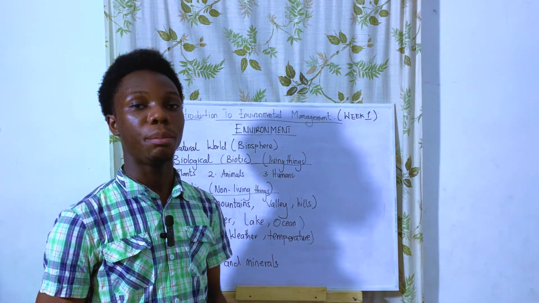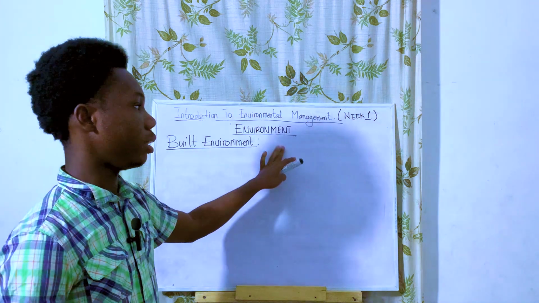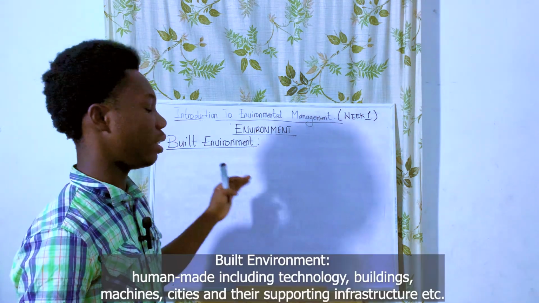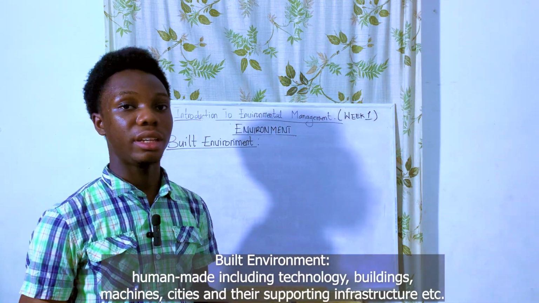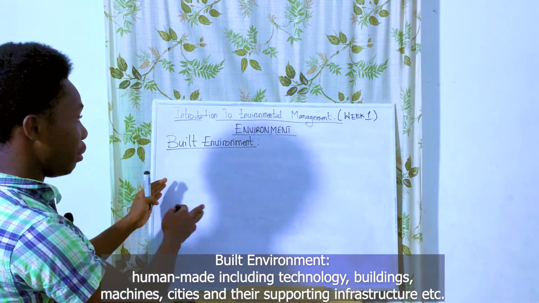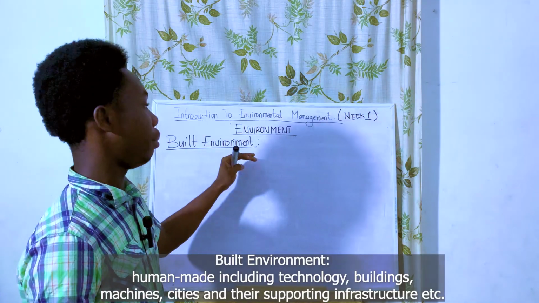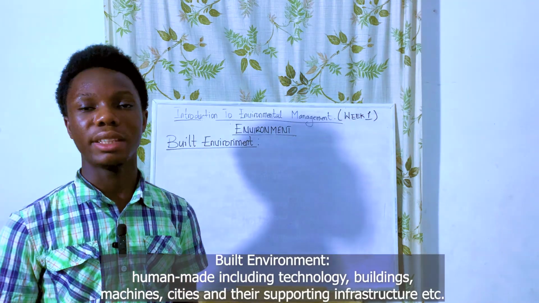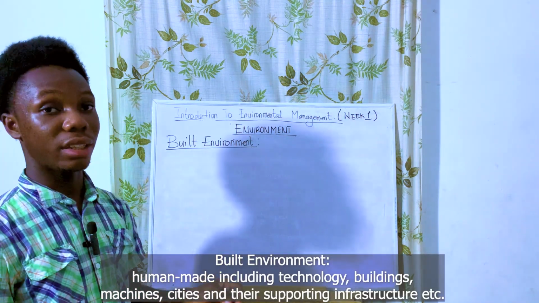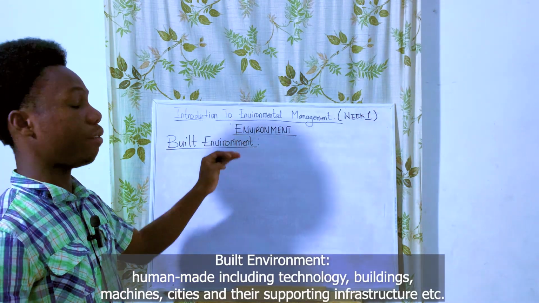Now let's move to the built environment. Built environment, as the name implies, is everything that is built by human. So it means that all the things in the environment that are built by human make up this built environment. What are the things that make up a built environment?